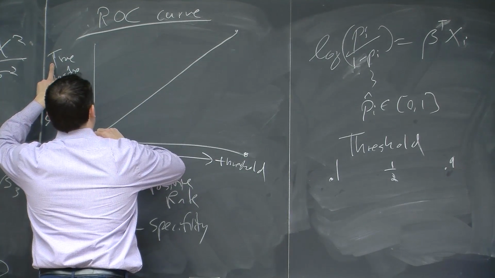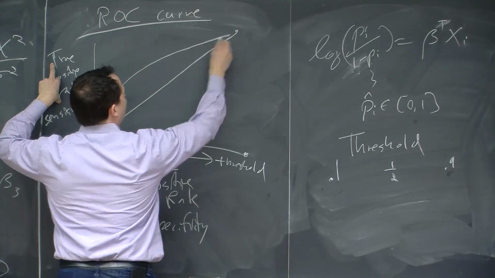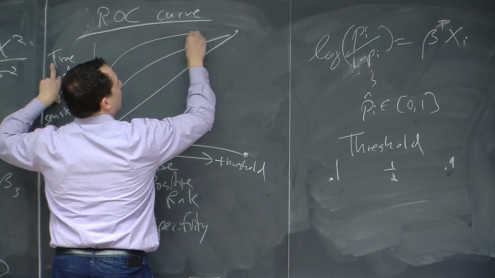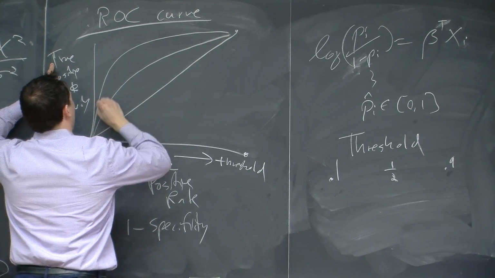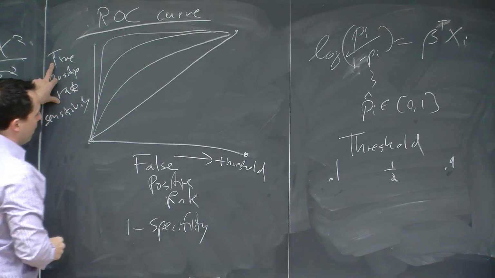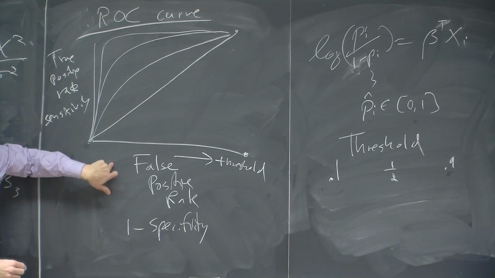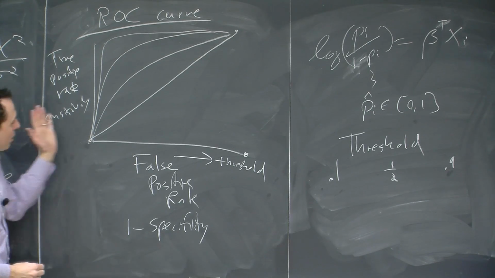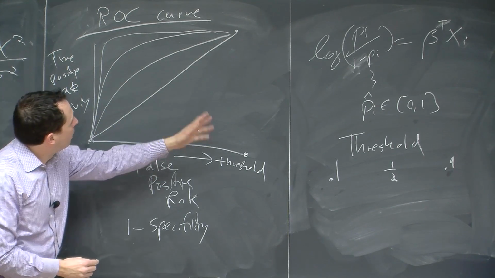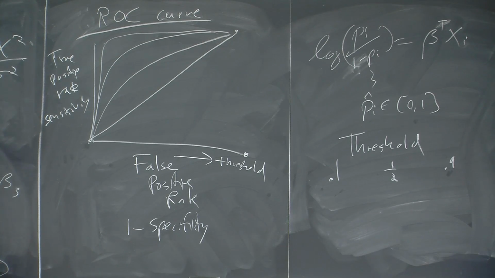And the better my classifier is, the higher this is. If I have a really great classifier, I'll capture almost all the true positives at a very low false positive rate. But there's always a trade-off when I move this threshold. And so the ROC curve is a sort of diagnostic for how good your model fits or how accurate your predictor is.